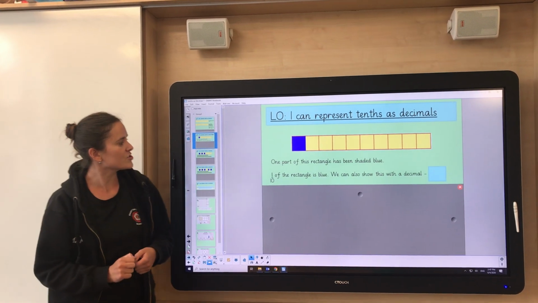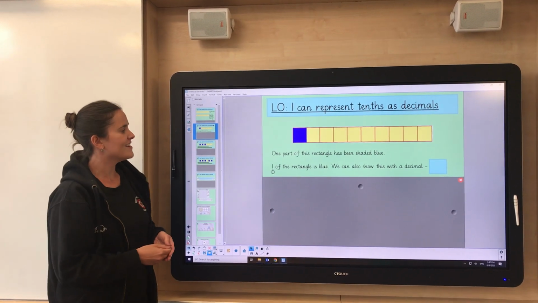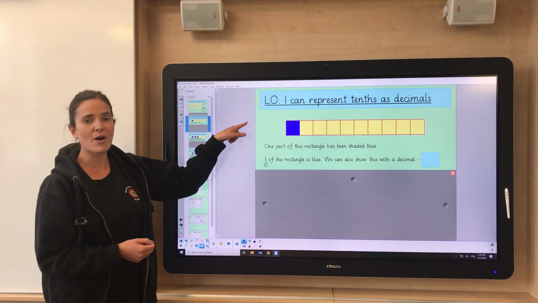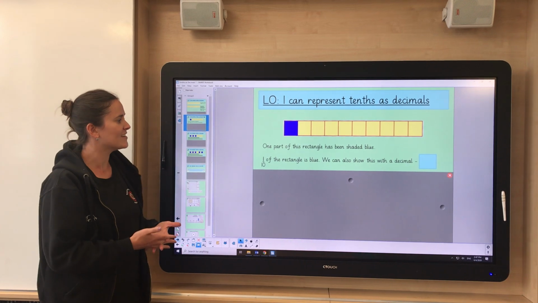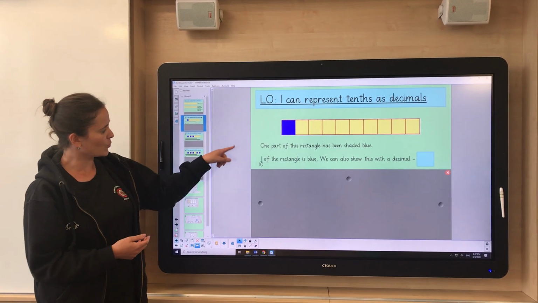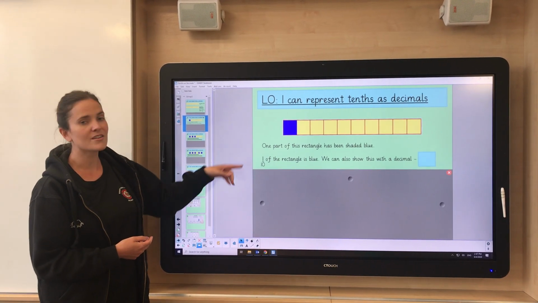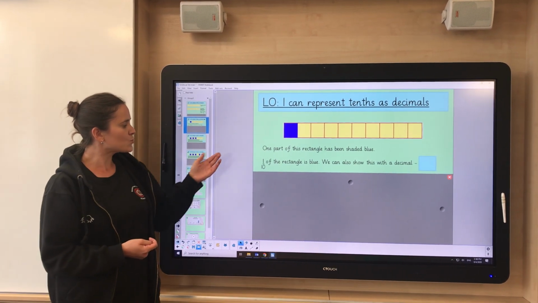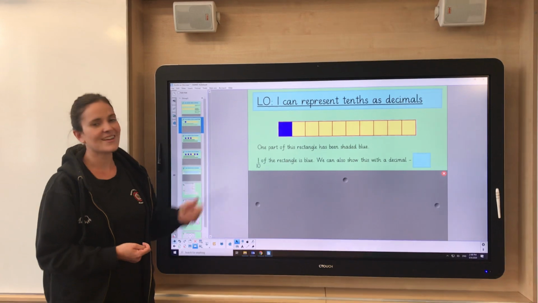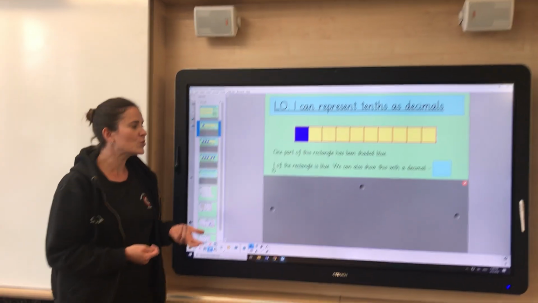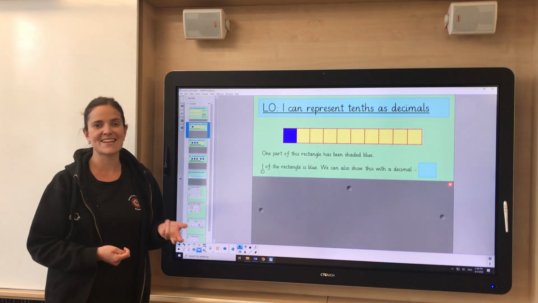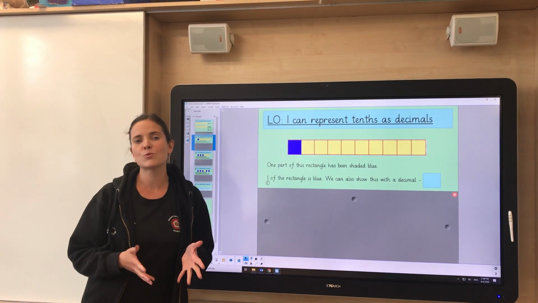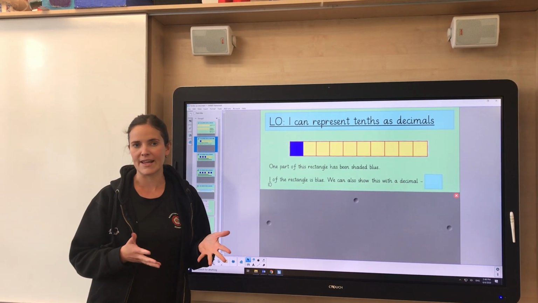There we go. So, what I have done now to this rectangle, you can see one part of it has been shaded in blue. So we would say that 1/10 of the rectangle is now blue. As well as showing that as a fraction, we can also show it as a decimal. Now, we've looked at decimals a little bit when we were working with money.